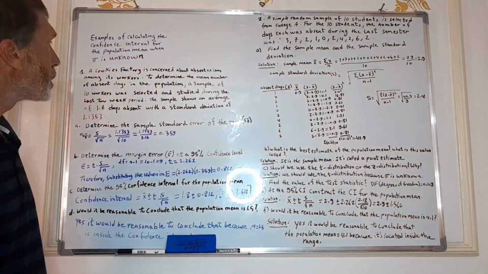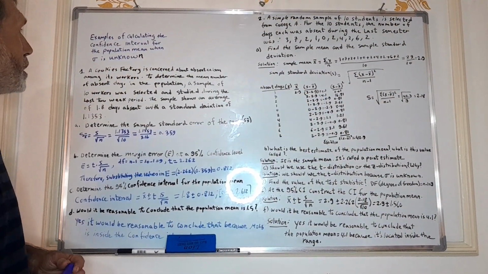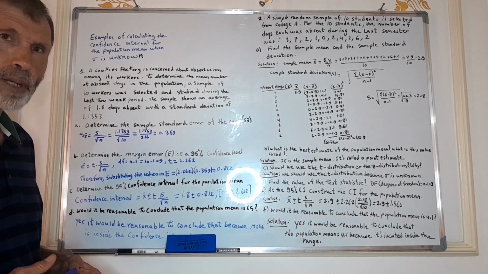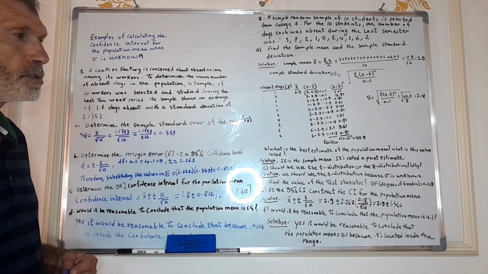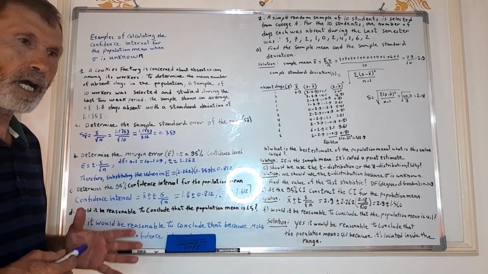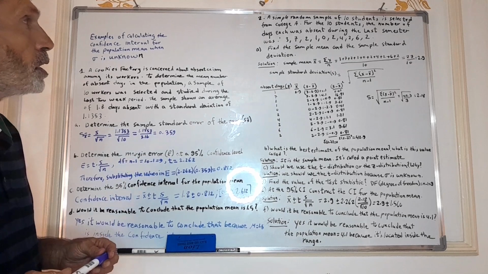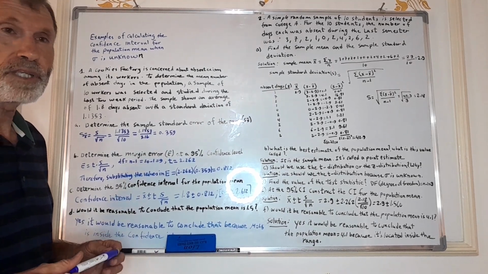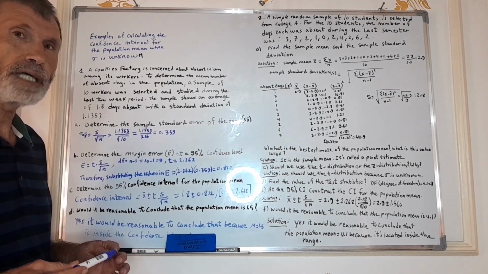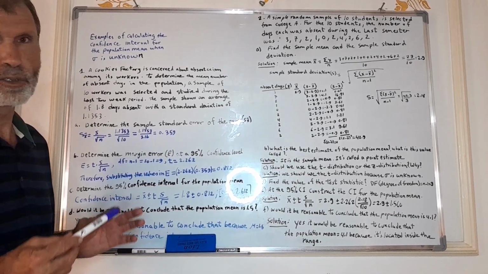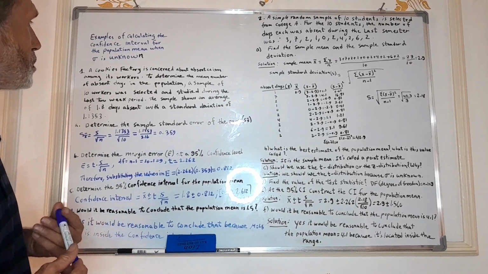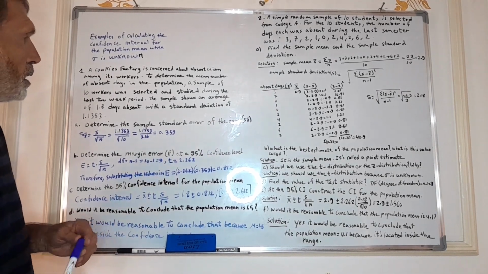Okay, now what we do, we just try to give some examples applying the formula of calculating the confidence interval of the population mean when the standard deviation of the population is unknown. I just want to correct something here.